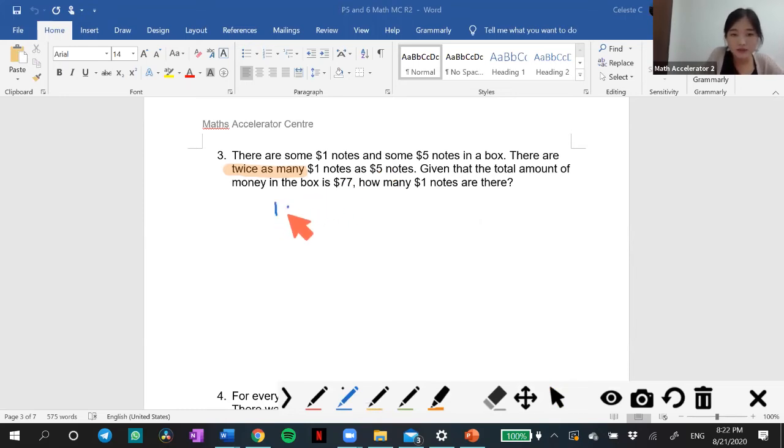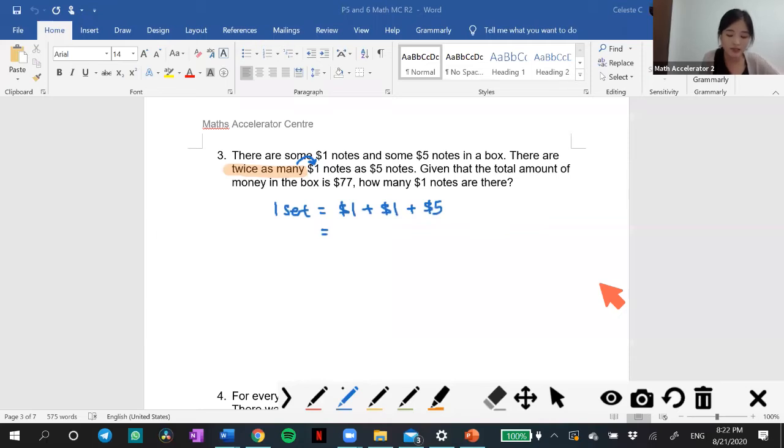So one set. Twice as many $1 notes as $5 notes. This twice as many belongs to the $1 notes. So one set you will have 2 $1 notes and 1 $5 note.